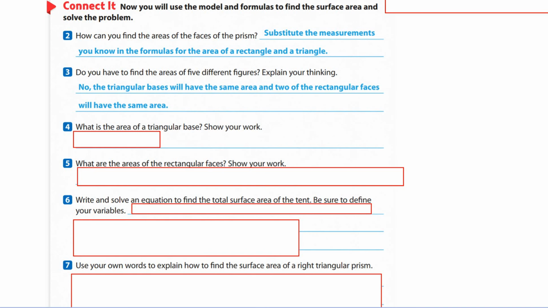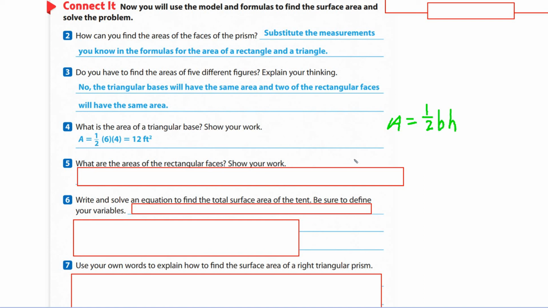Now, what is the area of the triangular base? It says to show your work, so I'm hoping you wrote the formula first. 1/2 times base times height. They already plugged in the values. Area equals 1/2, the base we know is 6, and the height we know is 4.